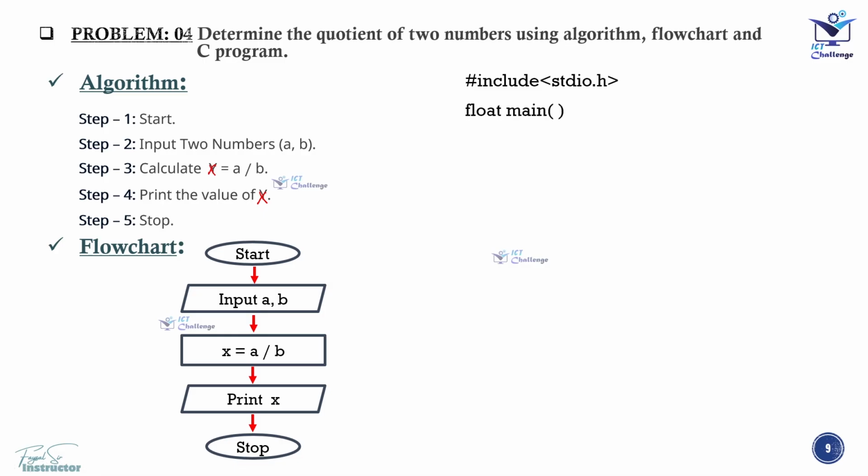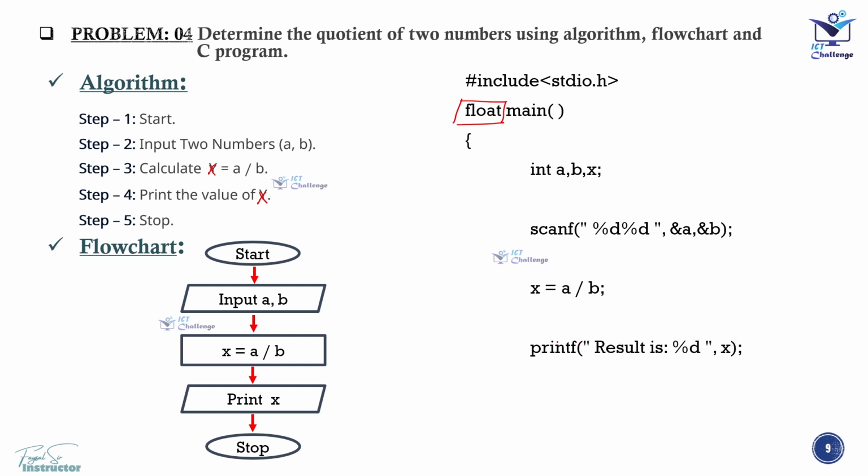After that you will have the float f. Here we use float, which is very common, so this does not make any changes inside of our C programming. Here after that curly brace, then int a b x as usual, then scanf, the same things. After that x is equal to a divided by b, this is also the same, but the changes are here in printf.